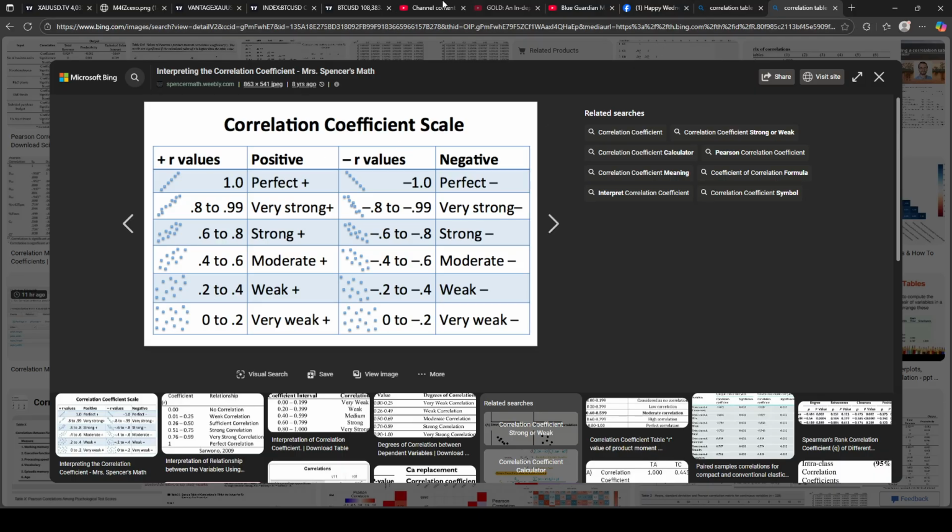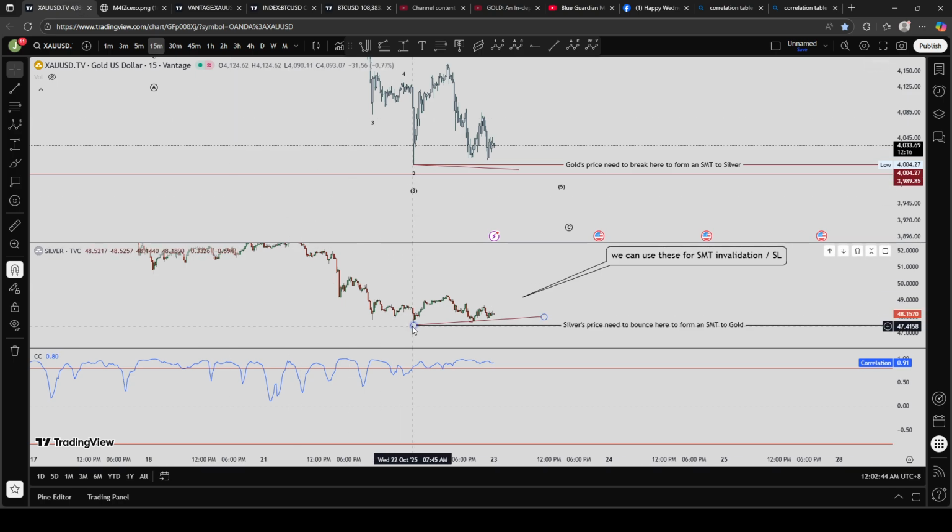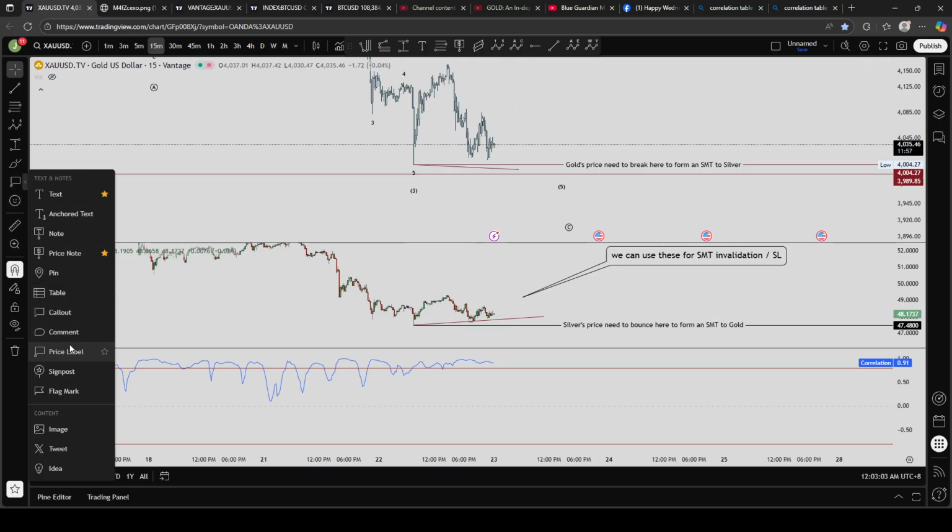Going back to what I mentioned a while ago, I will only consider an SMT, as a smart money technique or statistical SMT, if and only if the correlation from the pivots is high. To do that, all you have to do is use the price label.